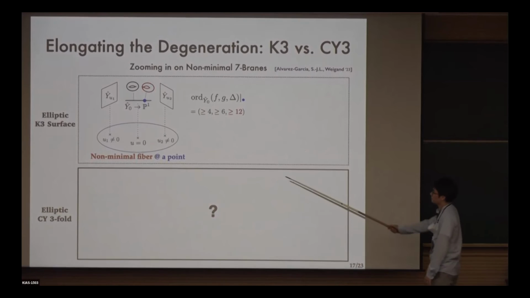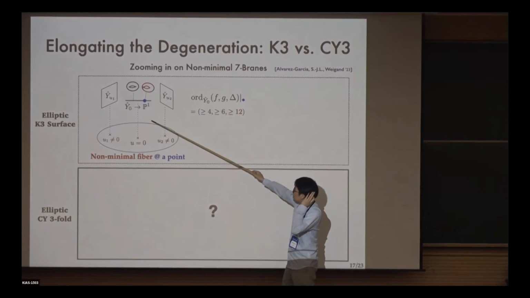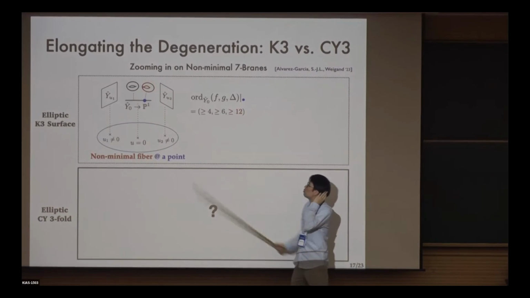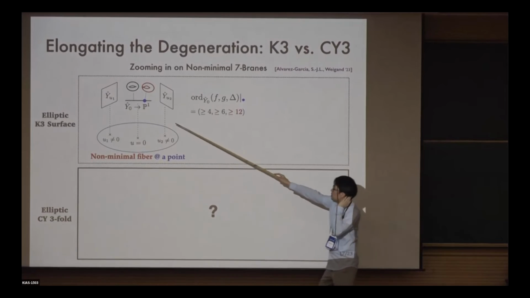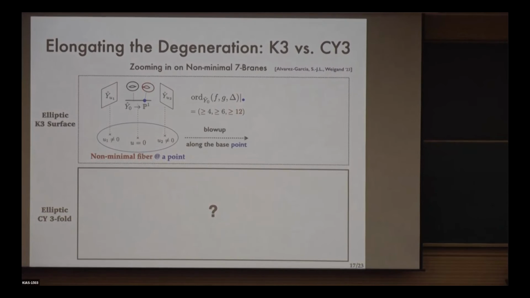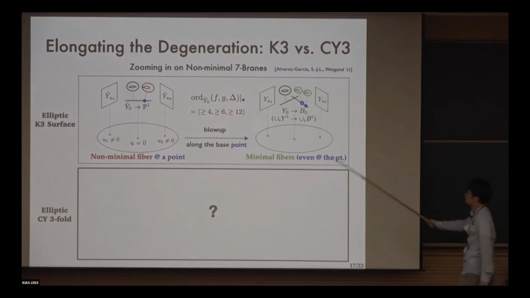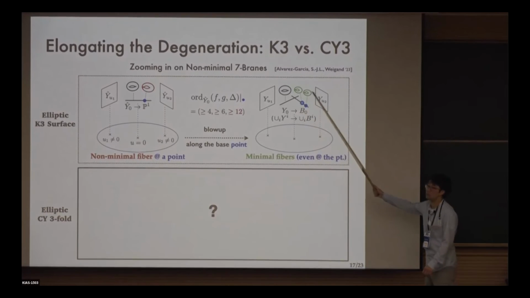Now, in the K3 case, what we had was, okay, so the central element had generically smooth fibers, and there was a non-minimal fiber, which is the non-minimal seven-brane stack. And we could blow up at this blue point to elongate this surface into multiple component surfaces so that we don't have any non-minimal fibers anymore at the end of this procedure.